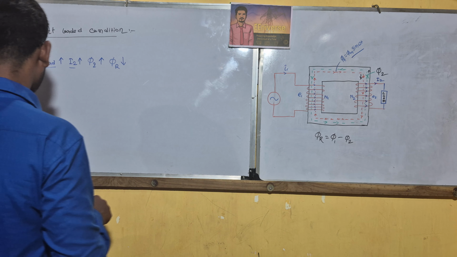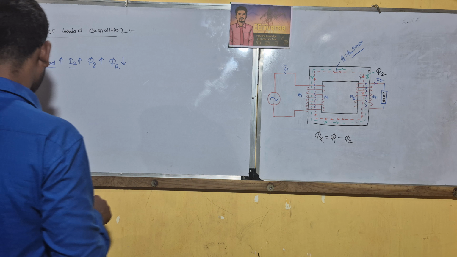Okay, so now we write our EMF formula, that is 4.44 F into phi m into N1.